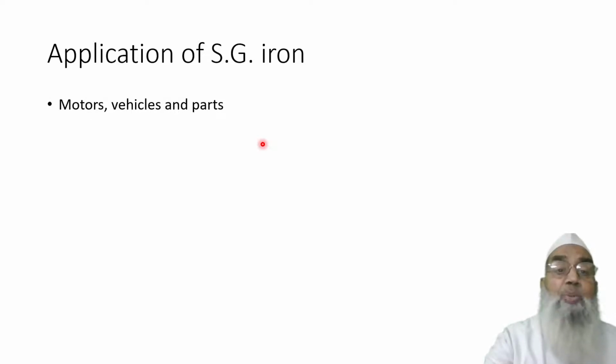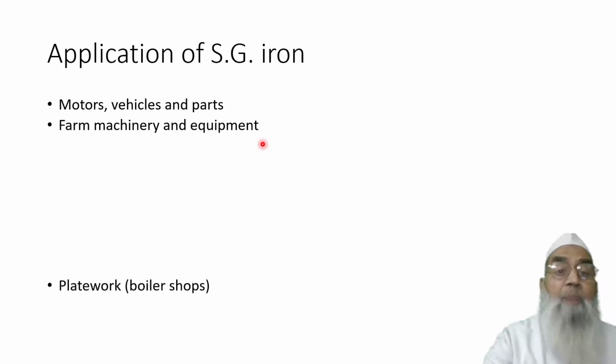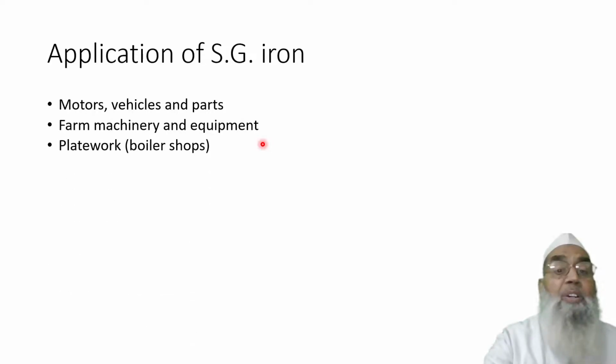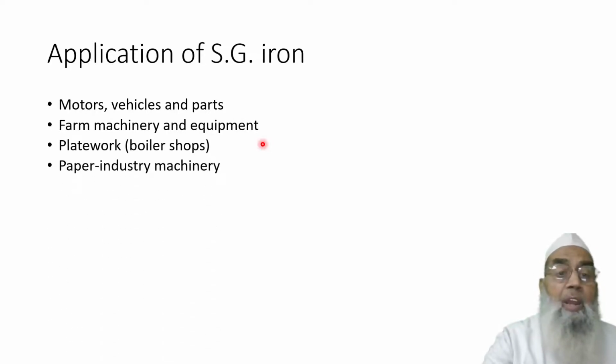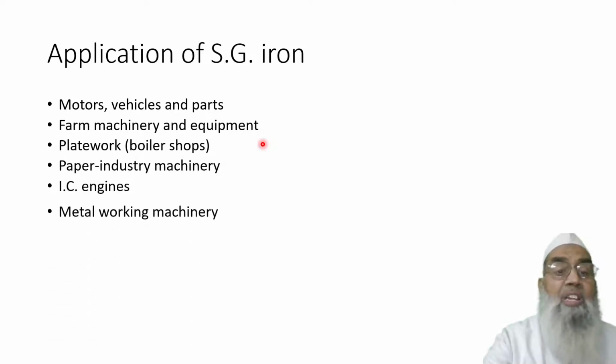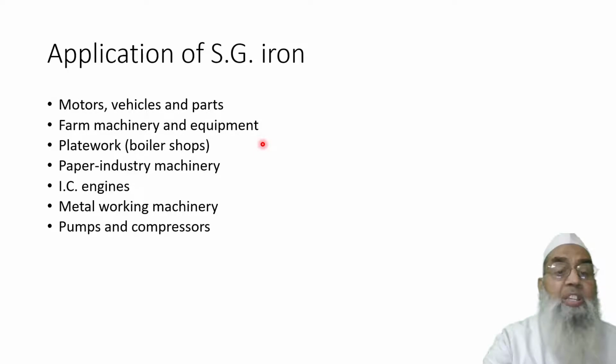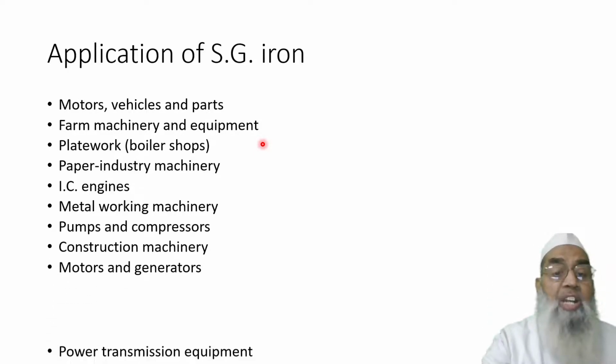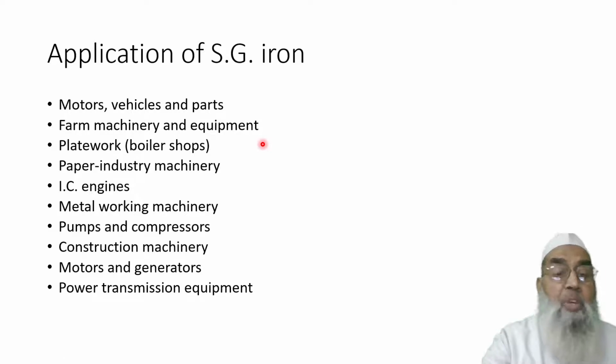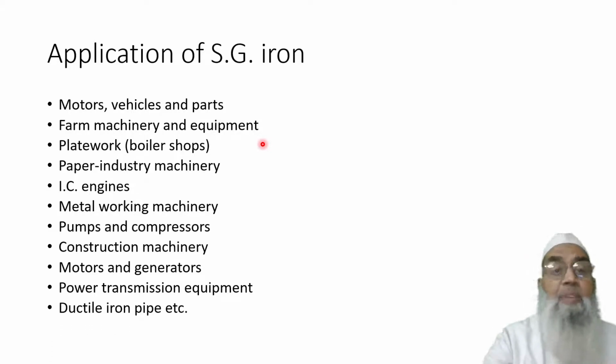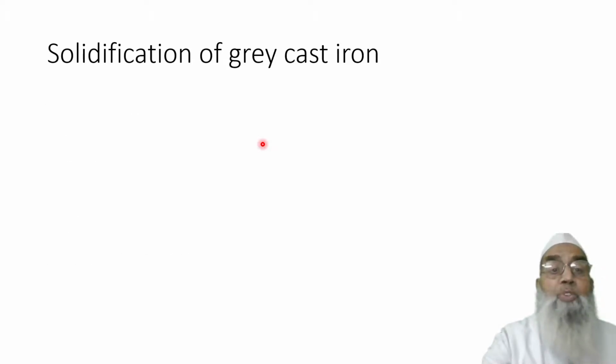It can be used for motors, vehicles and parts, farm machineries and equipment, plate works, boiler shop, paper industry machineries, IC engines, metalworking machineries, pumps and compressors, construction machineries, motors and generators, power station equipment, ductile iron pipe, etc.